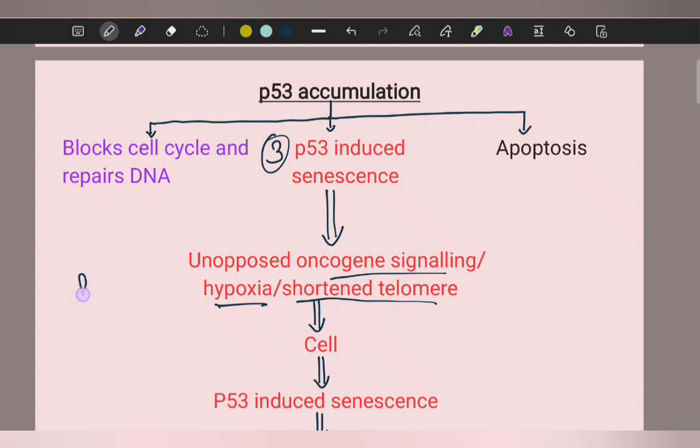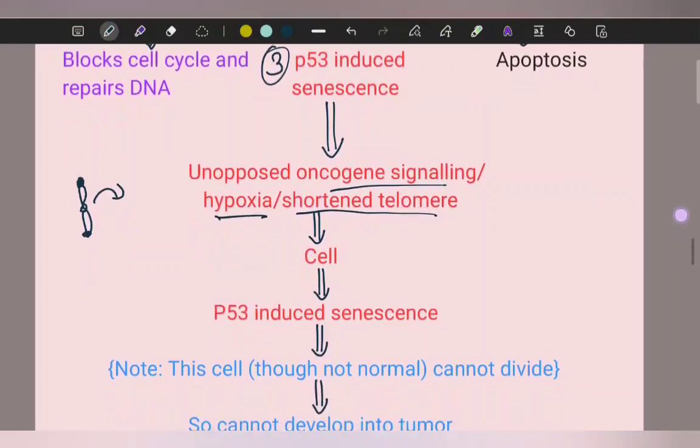These telomeres are attached at the ends of each chromosome, and the cell has got a limited number of divisions before it ages. Every time the cell divides, the length of the telomeres gets shortened. So after a few divisions, the telomeres are no longer left to be shortened, then the cell ages. So these signals are sent by P53.